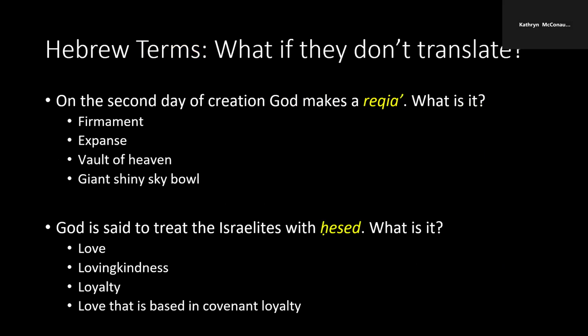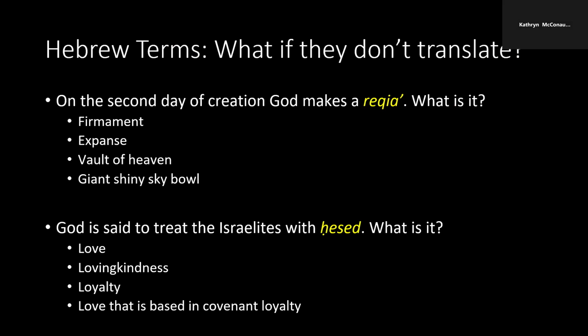We also sometimes have words in Hebrew that are just very hard to get across in English. We've talked about rakia before when we were translating Genesis, and we'll talk about it again when we translate Ezekiel. What is a rakia exactly? For the people of the ancient Middle East, the rakia is the giant polished metal sky bowl.